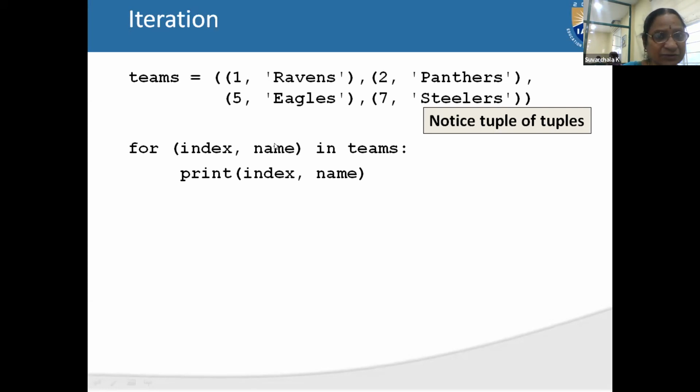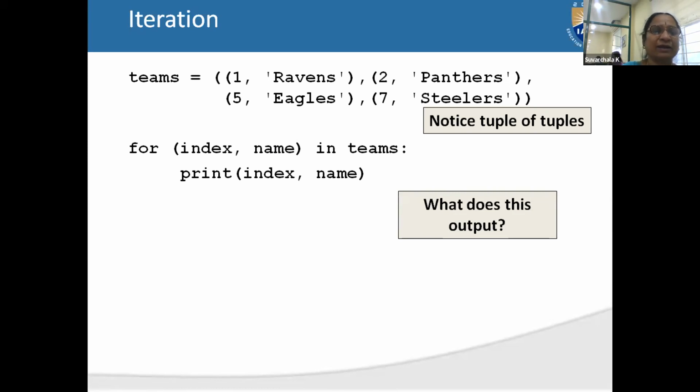So combinations also you can take as a tuple itself, and print the tuple itself. Instead of using a single element, I can use a range also, I can use it in the output. So it will print the index value as well as the name of the team also.